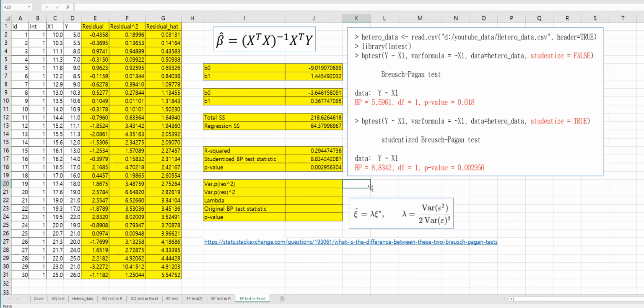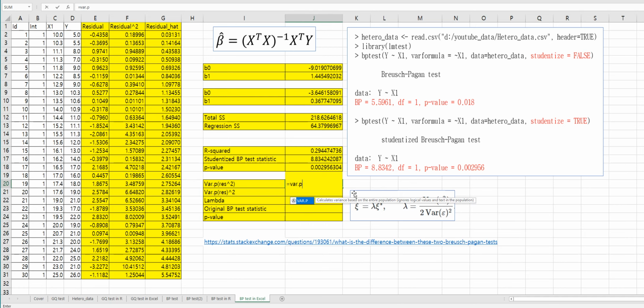Right. There is one reference site to calculate the original Breusch-Pagan test statistic. So let's use this formula. Firstly, let's get the variance of squared residual and variance of residual.